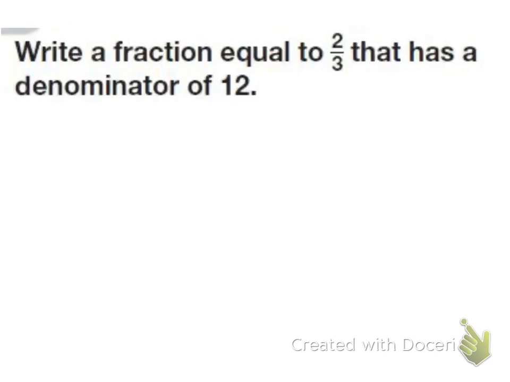Okay, this one asks, what fraction equal to 2/3? Write a fraction equal to 2/3 that has a denominator of 12. So in this case, we're saying that 2/3 equals some fraction that has a denominator of 12. So before I can figure out what the numerator is, I have to figure out 2/3 times what fraction equals something over 12.